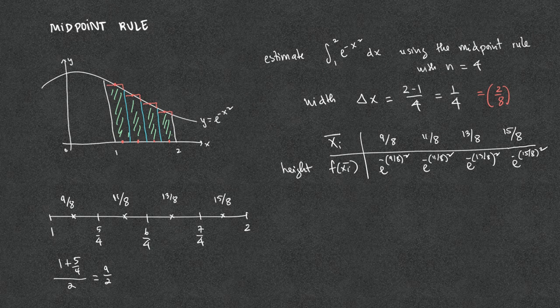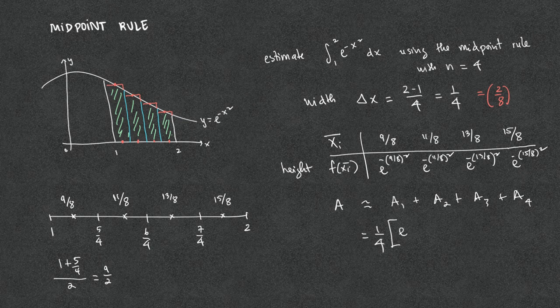Thus, the area is the sum of 4 of these areas, but each of these has the same width of 1/4, so we factor out 1/4 and simply add the heights.